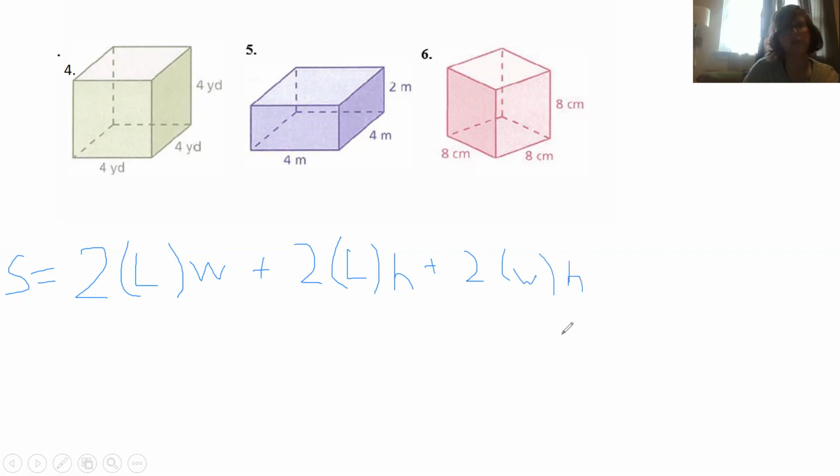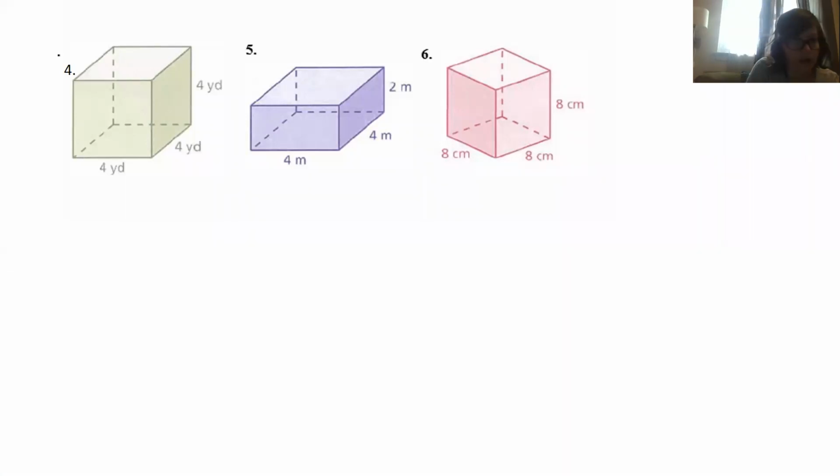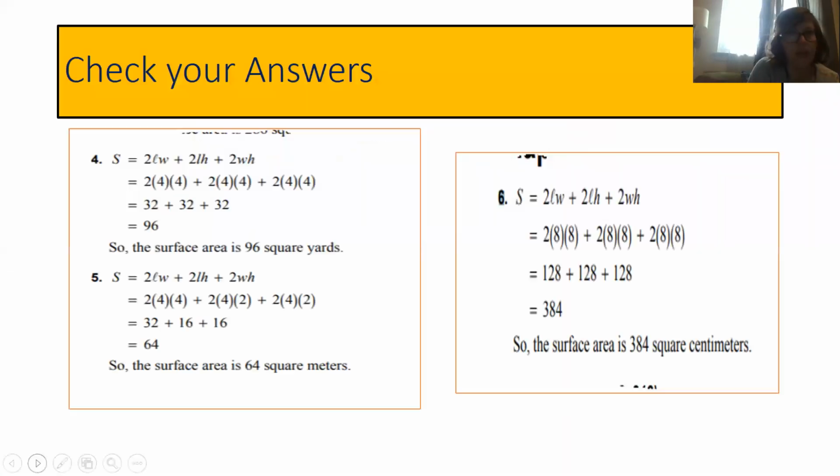I'm sorry about the sloppy handwriting. So I'm going to leave that up for you to practice for a few minutes, and then we will check them. All right, so let's go ahead and look, and I want you to check your answers.